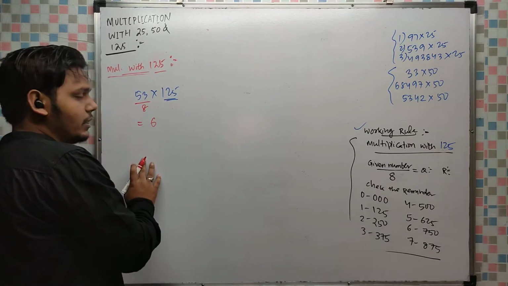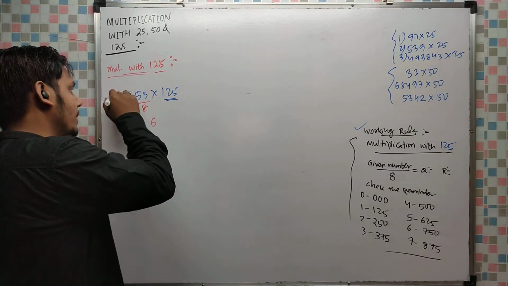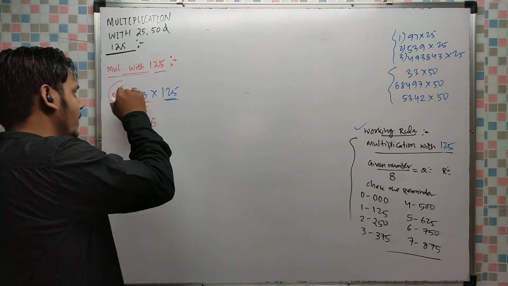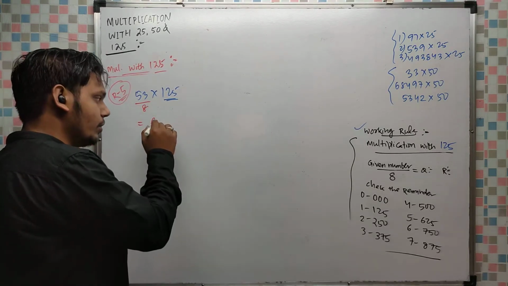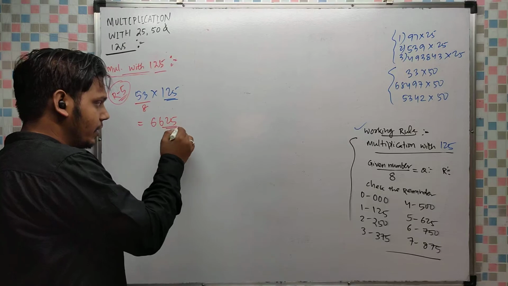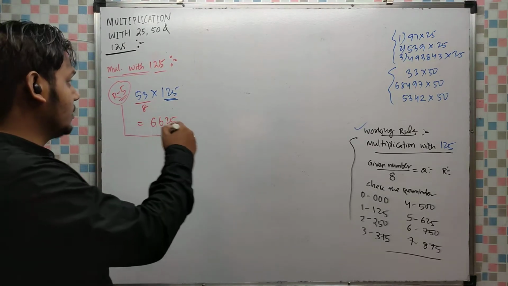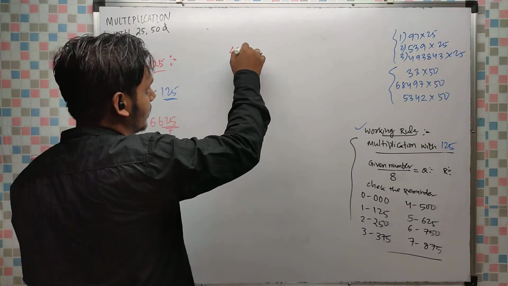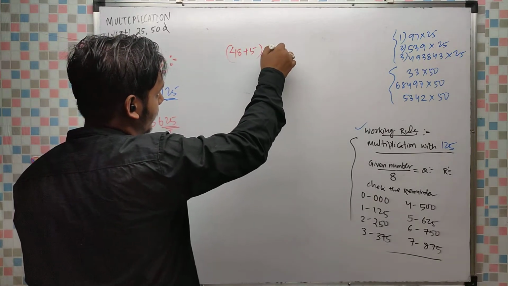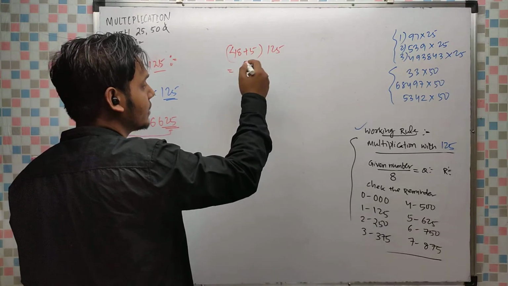Now I got the quotient 6 and the remainder 8, 6, 48, which means the remainder is 5. The value for remainder 5 is 625. This is just like 48 plus 5 into 125, as I previously explained in the case of 25.